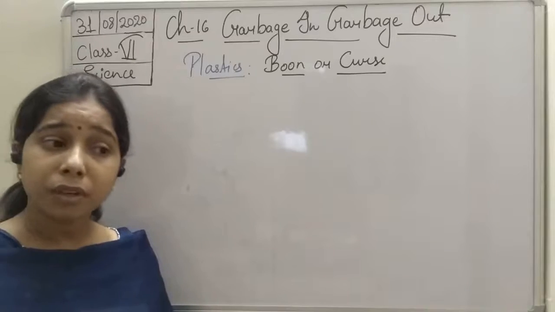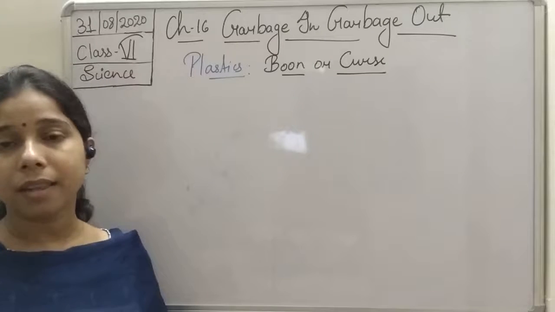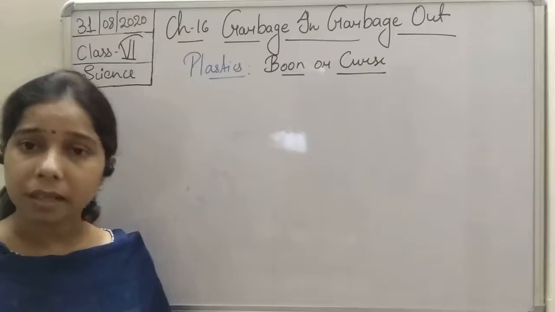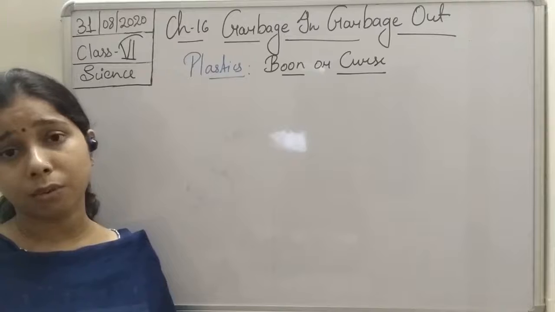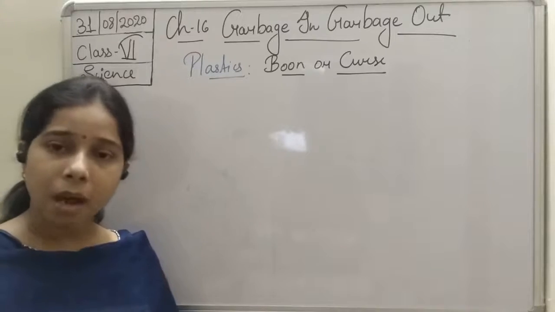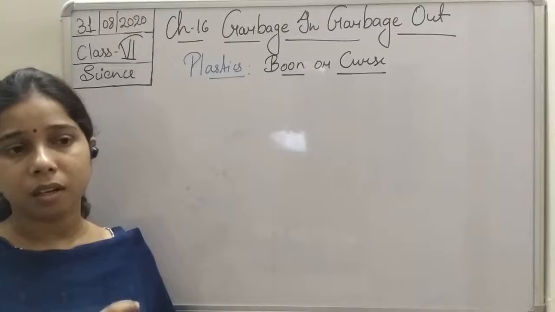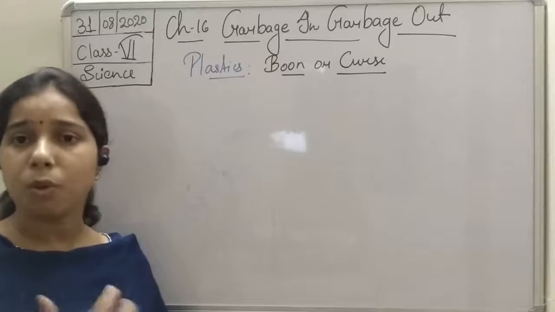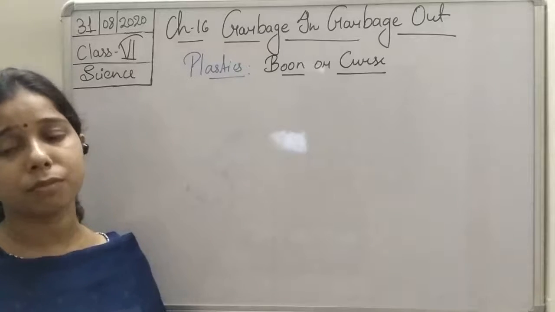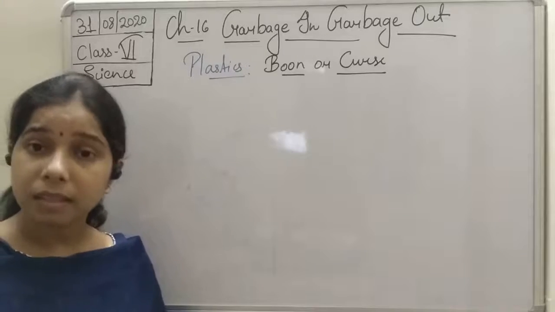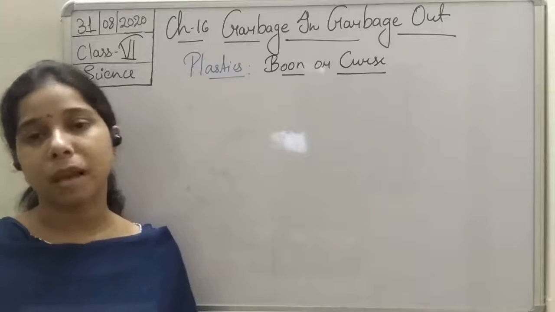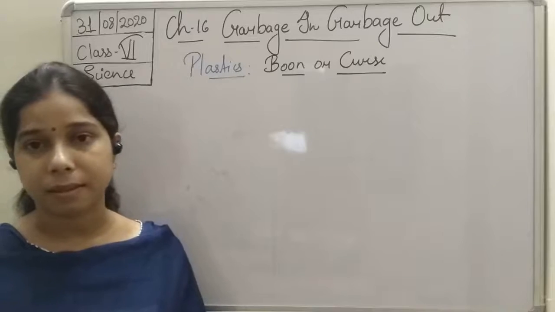When you look around, you will find that all the material present around you, maybe the percentage of plastic will be less, will be more, but yes, it consists of plastic or is made up of plastic.